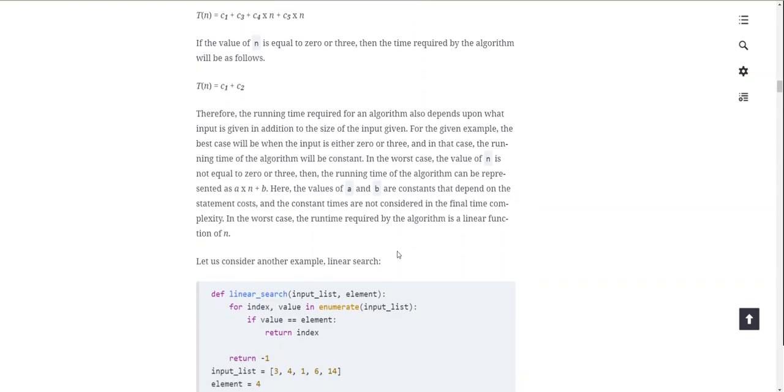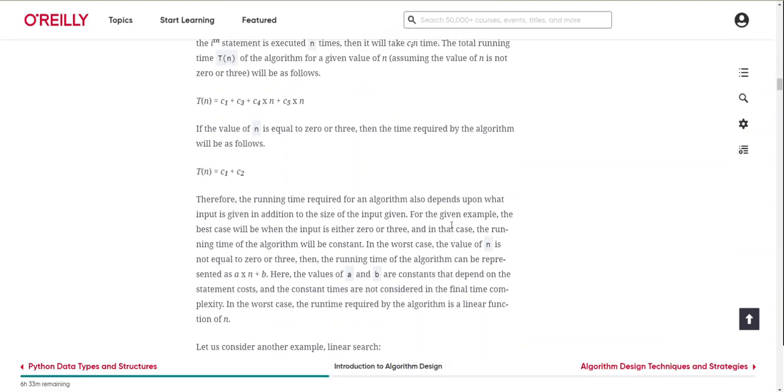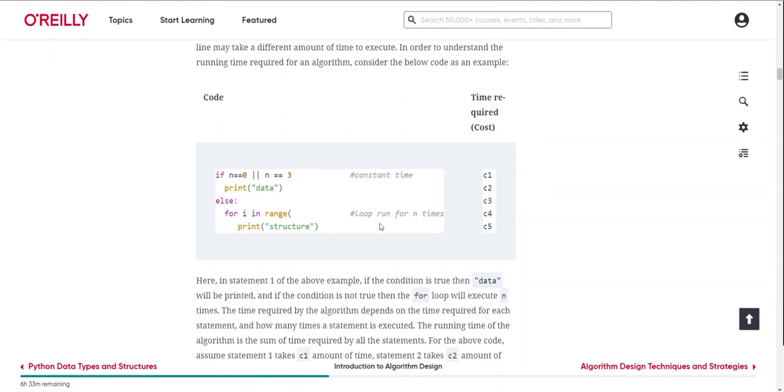I say that worst case scenario, it will run n times. Best case scenario, I would run once. So if n was 0, I would run.